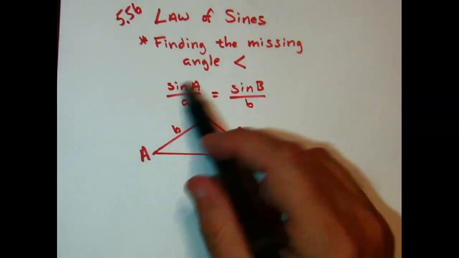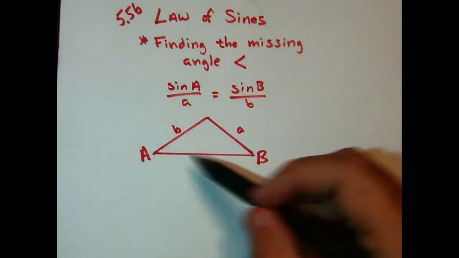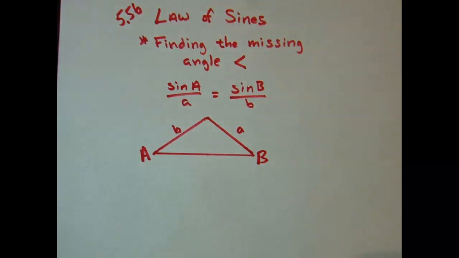So we set up a proportion. Remember, there is a C, but we only need these four in order to create a proportion.